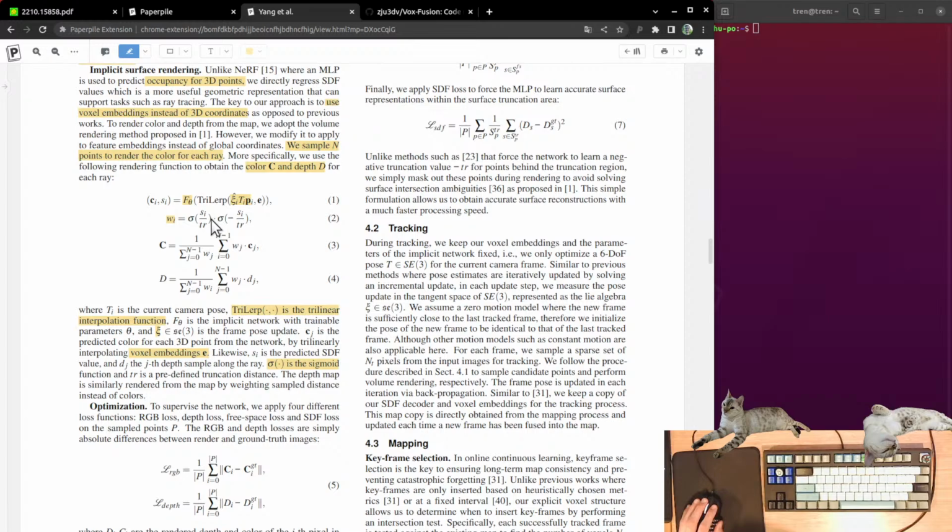Okay, so I think all they're saying here is that this is their MLP, and at the very end of their MLP, we have a sigmoid that makes sure that our color and our depth, all of the weights, depth is all of the weights as well. So the color and the depth share the same weights.